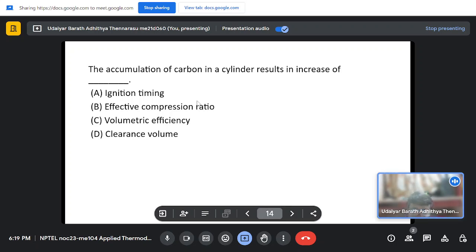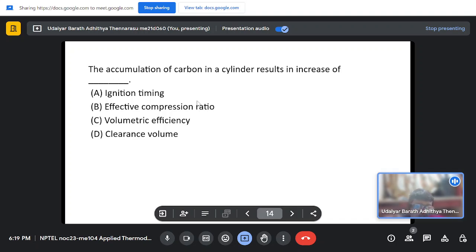So accumulation of carbon in a cylinder can happen when you have cracking of the lubricant oil which is coming in, or there's an incomplete combustion, so that you produce carbon soot particles. So this will get accumulated in the cylinder, near the piston ring, piston cylinder arrangement.